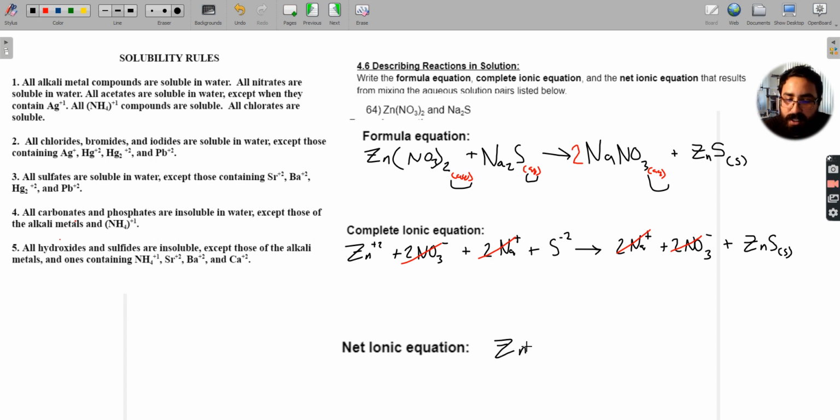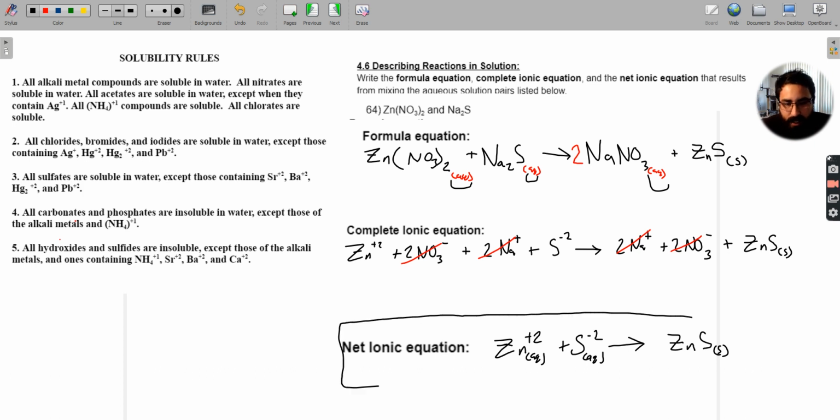Our net ionic equation is Zn plus 2 plus S minus 2 will produce zinc sulfide solid. And we're going to put our states of matter here at the bottom because that's when the states of matter matter.